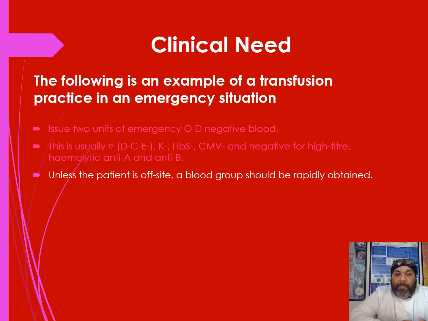And what I mean here is where a patient, before even becoming a patient, may have been involved in a road traffic accident, for example. Then at that point, obviously blood group is not going to be known. So when they do get admitted through an accident in an emergency, then it's important and incumbent to know the blood group.